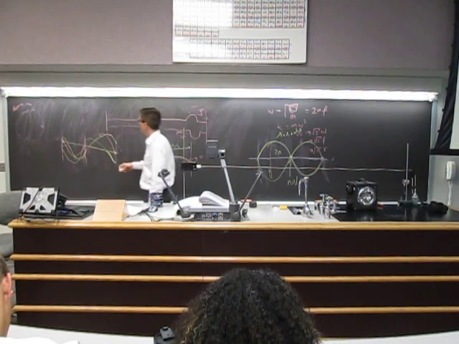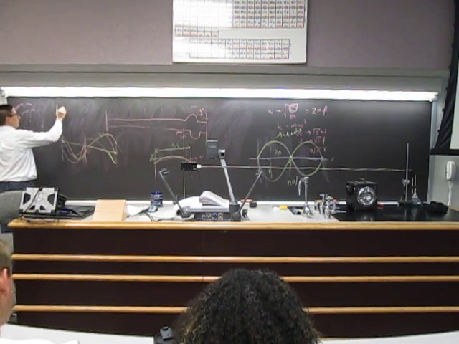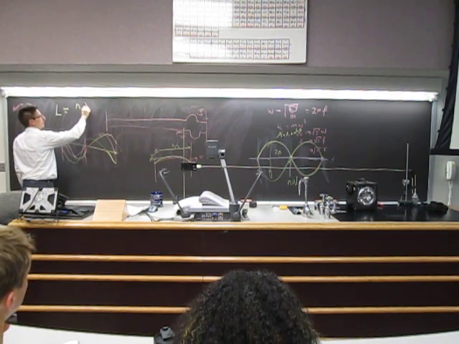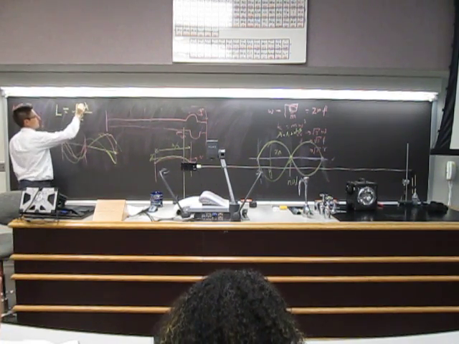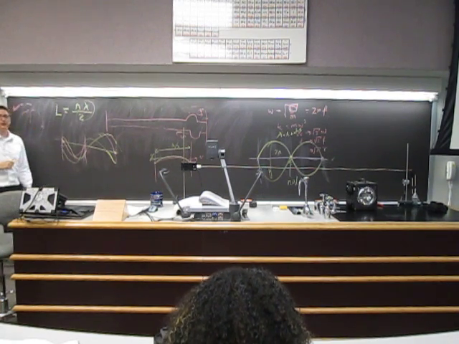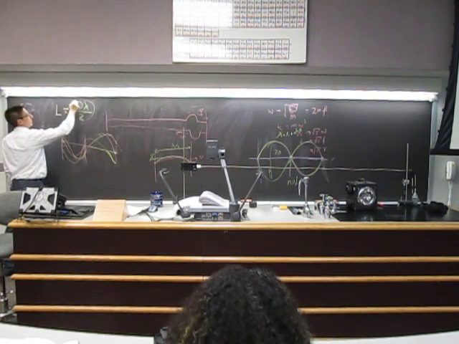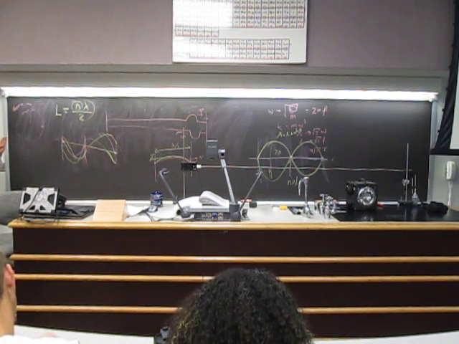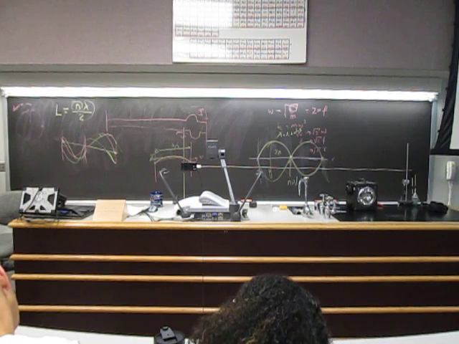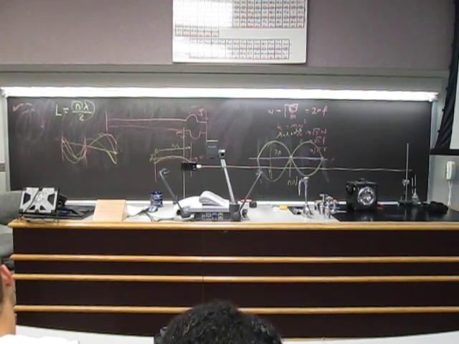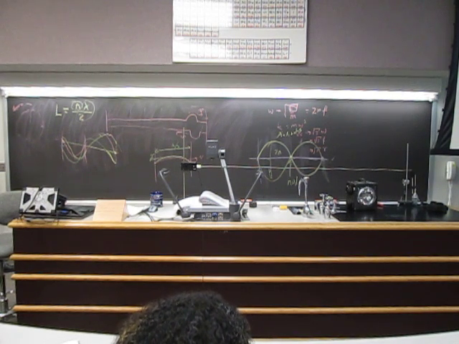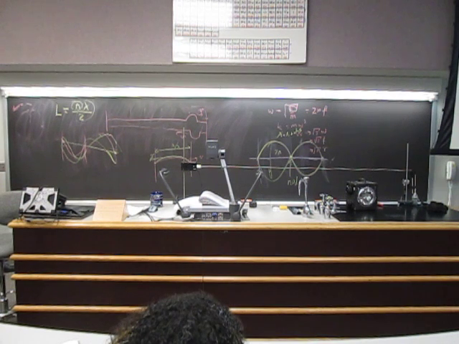The length of the string needs to be n lambda over 2, where lambda over 2 is half of a wavelength and n is an integer. So it has to be an integer number of half wavelengths. So 1 half wavelength, 2 half wavelengths, which is a wavelength. This is the condition to get a standing wave like what you saw with the nodes and antinodes, where you get constructive interference at a given point between the reflected and incoming waves.